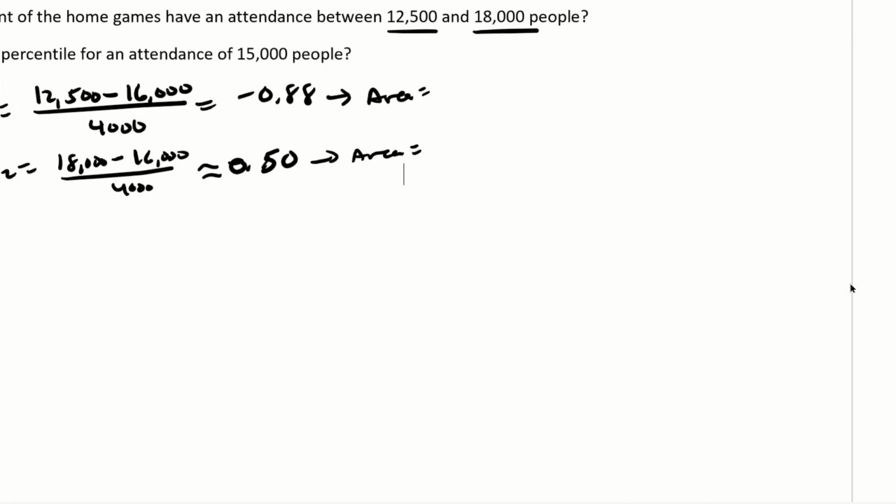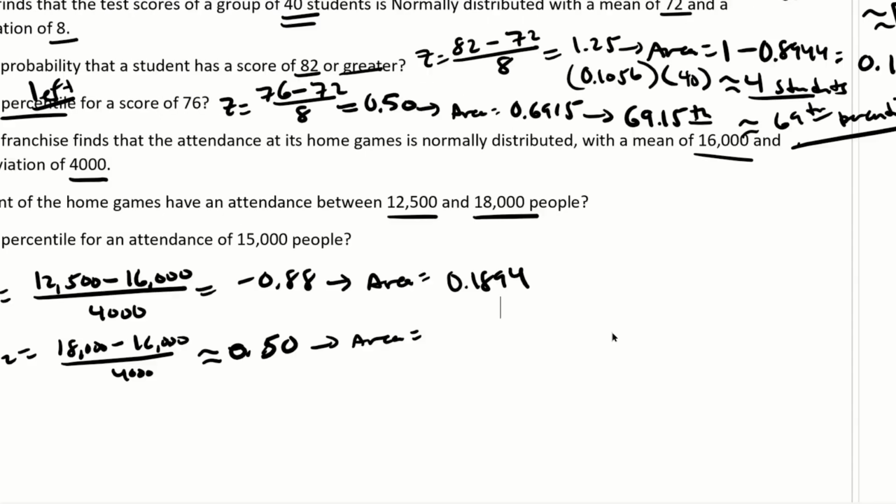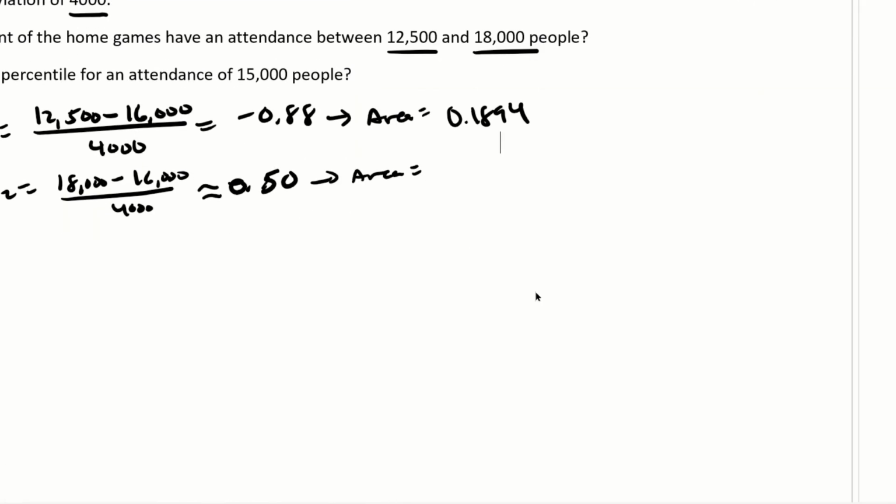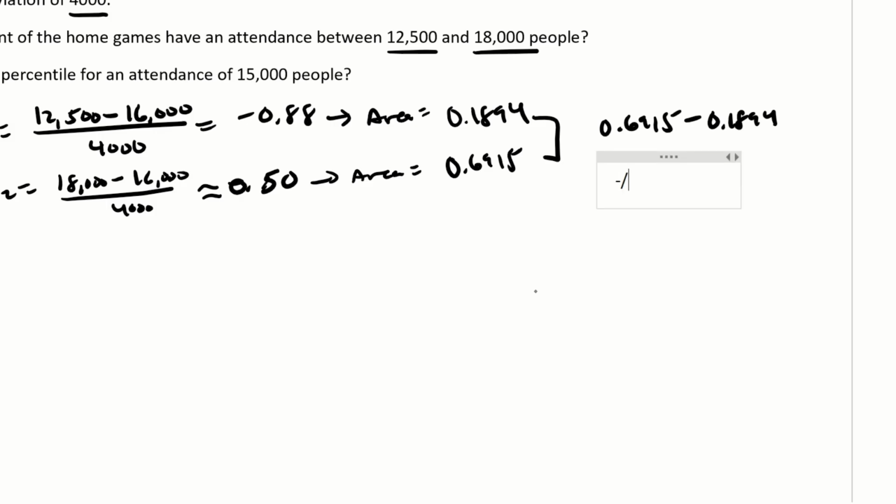Okay, and then 0.50, we looked that up earlier. It's 0.6915. You're going to subtract those, okay? Obviously, it's bigger minus the smaller. So 0.5021. And you've got to convert that to a percent, so that's about 50.21%.